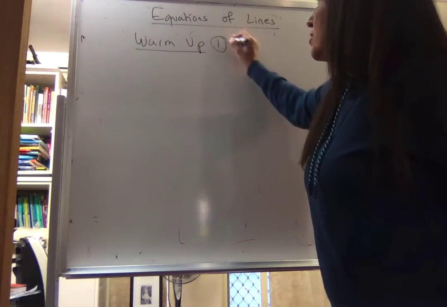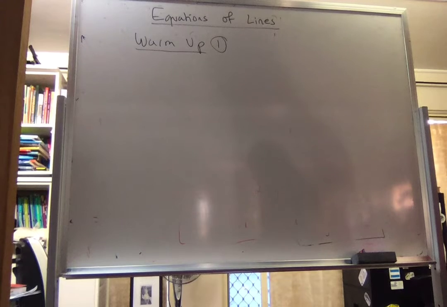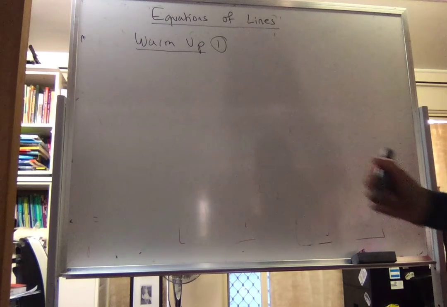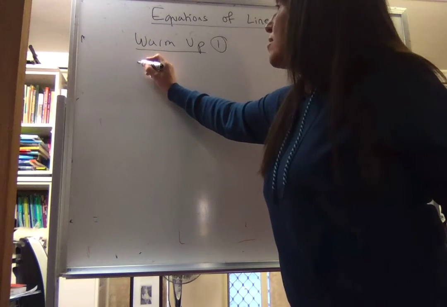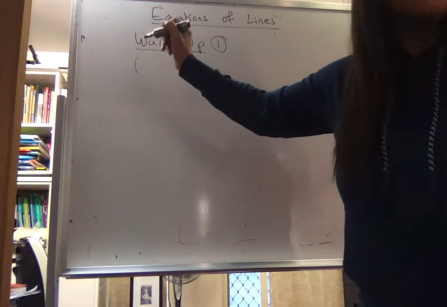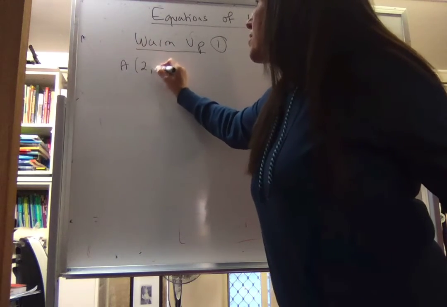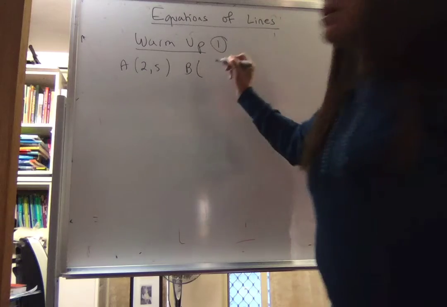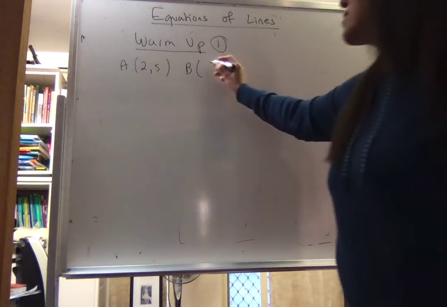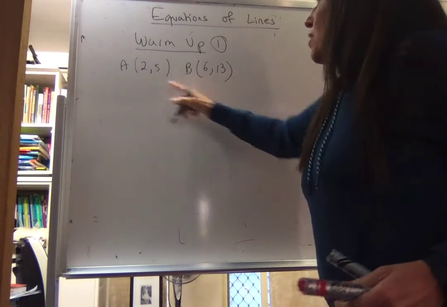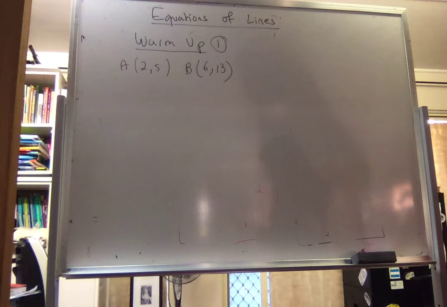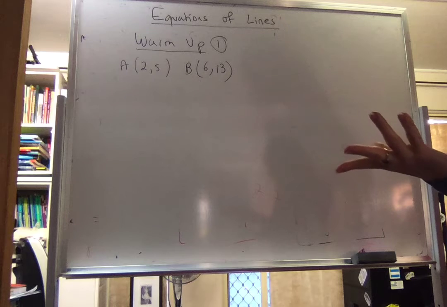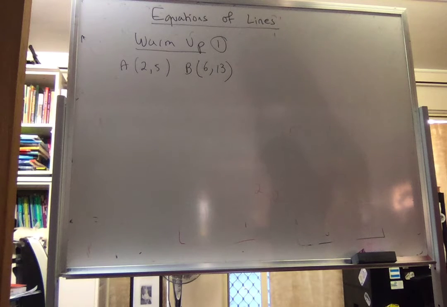Number 1 I'm going to do, which says find the equation of the line that passes through the points A is 2, 5 and B is 6, 13. I want to find the equation of that line which passes through those 2 points. And I want the answer in general form or in point gradient form.